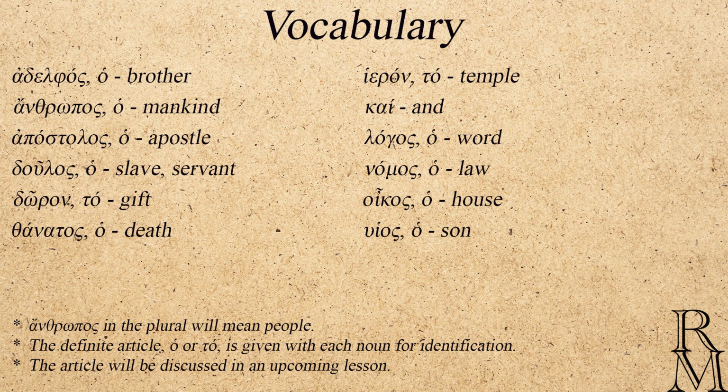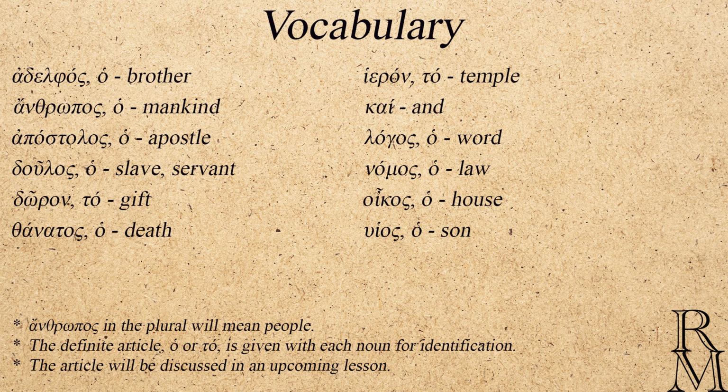Thanatos, death, that's masculine. Hieron. So this one, pay attention. If you'll look over top of that leading iota, you will notice that that has a rough breathing mark over it. So you have to have that hi at the beginning, hieron. And you'll notice by the tau omicron article there that this is a neuter noun as well.